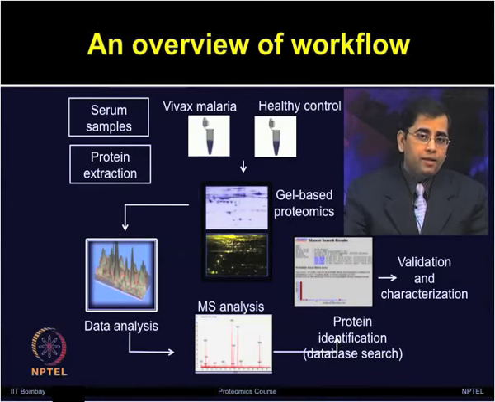Serum samples were obtained, proteins were extracted, and the protein samples were compared from the healthy and vivax patients by applying gel based proteomics, including 2-dimensional electrophoresis and difference in gel electrophoresis. We separated a large number of proteins on the gels, compared the data, looked for those proteins which are significantly differentially expressed in vivax as compared to the healthy controls, and then those proteins were subjected to mass spectrometry analysis.